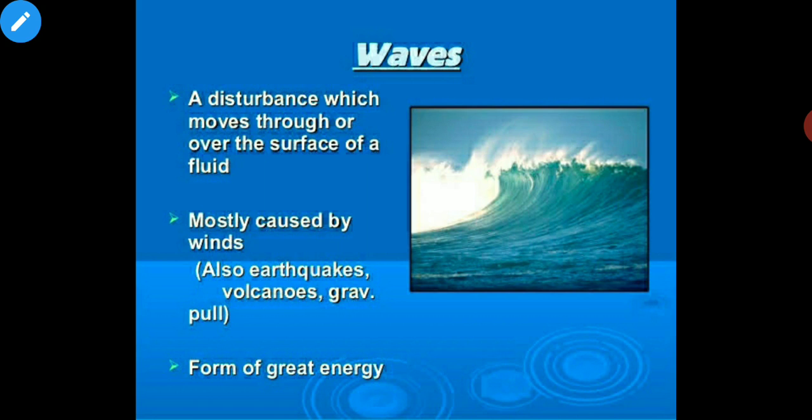These tsunami waves occur when a large mass of water is displaced at the same time in the form of a wave. They can travel at the speed of 500 kilometers to 1000 kilometers per hour.